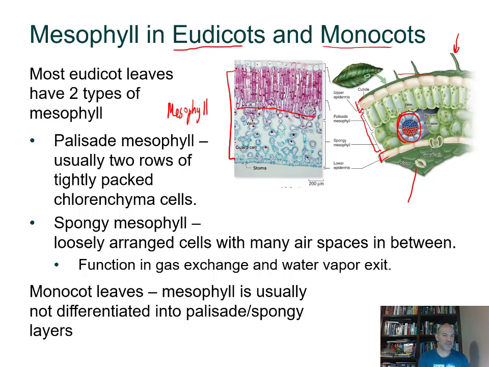Here's where you can tell the difference between a monocot and a eudicot. This is a eudicot. The eudicot has this top layer within the mesophyll that has basically wall-to-wall cells, with very little space between them, and that's called the palisade mesophyll.